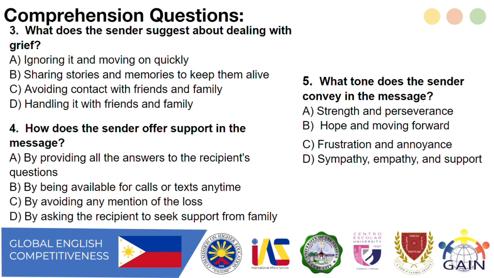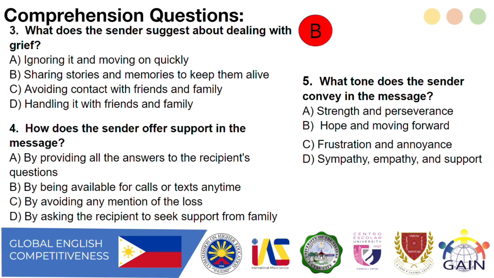Letter C. Avoiding contact with friends and family. D. Handling it with friends and family. Our answer for number 3 is letter B. The letter mentioned, "We should keep these memories alive by sharing stories and reminiscing about the good times we had together."